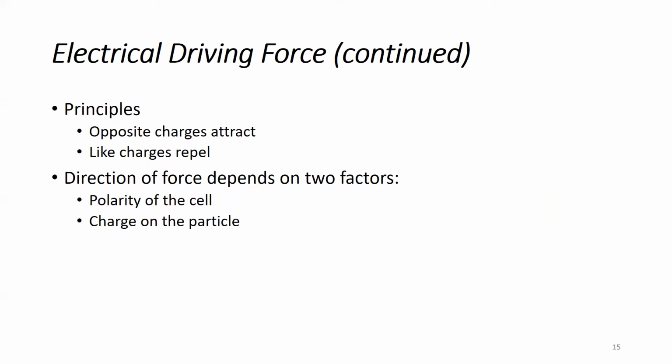Is it more negative inside the cell? Is it more positive inside the cell? And this can change. At rest, we said the inside of the cell is more negative, but when a cell, for example a neuron, is excited, the inside of it becomes more positive, right? So that can change. So the polarity of the cell, along with the charge on the particle in question, is what determines the direction of movement of that particle.